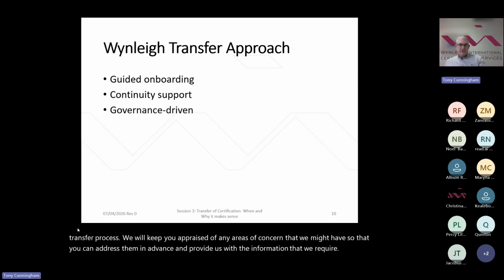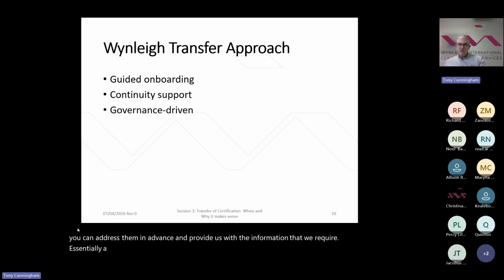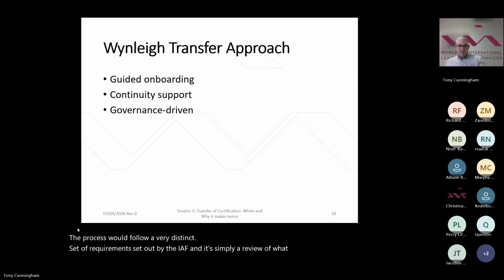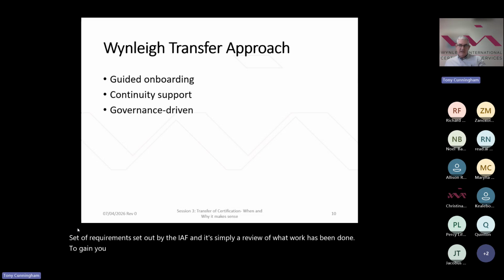Essentially, a transfer, according to the mandatory document of the IAF, is no longer than a day. The process would follow a very distinct set of requirements set out by the IAF, and it's simply a review of what work has been done to gain new certification from your existing certification body.